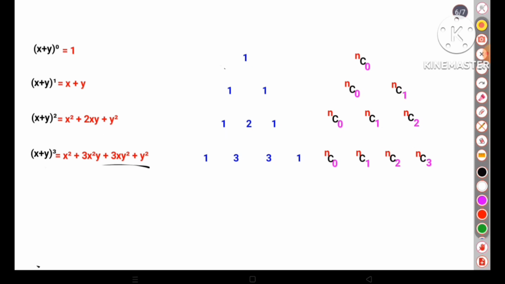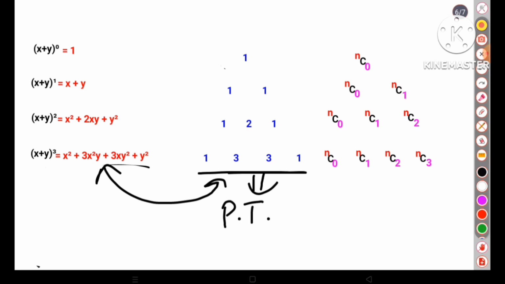So, what we can observe from here is that these are the coefficients of these expansions, and these coefficients form the Pascal triangle. Pascal triangle can also be formed as follows: here the 1s will be placed on the borders like this, and the middle terms are written by adding these two terms, that is 1 plus 1 is equal to 2.